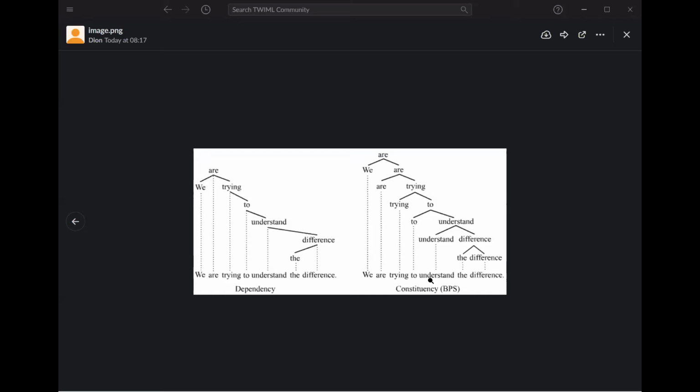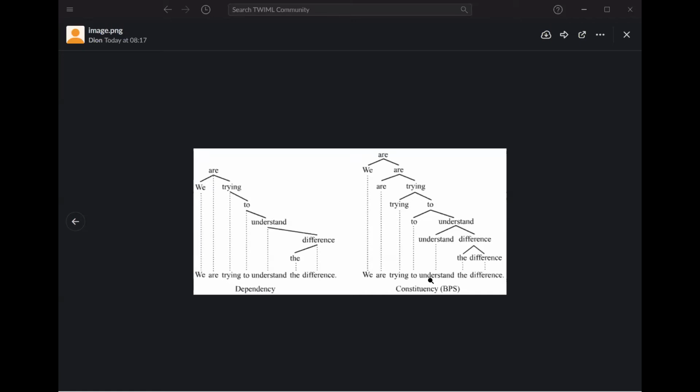Absolutely. The main difference between the dependency and context-free is that in the dependency, as you can see, there is one node for each element of the sentence. And that's why we can make a cyclic graph or an acyclic graph. And dependent means that, as you can see, "we are" is divided into "we" and "are." That means the "are" is higher, has more hierarchy than "we."